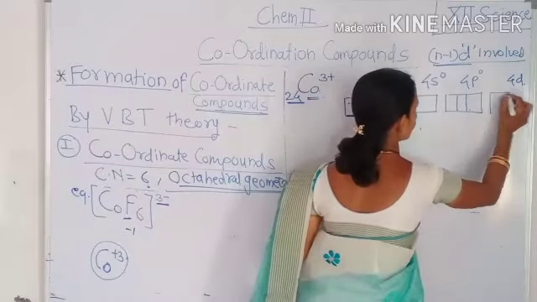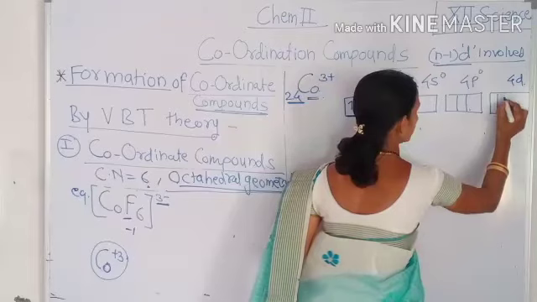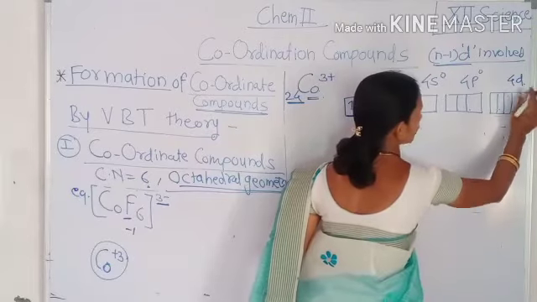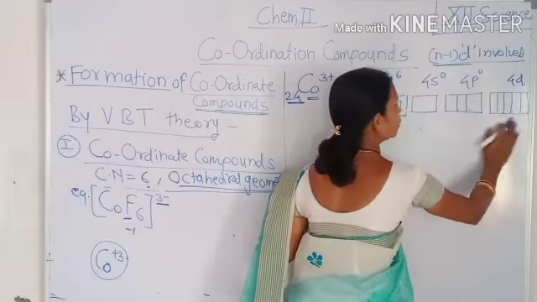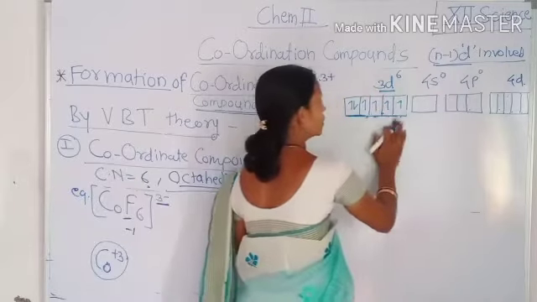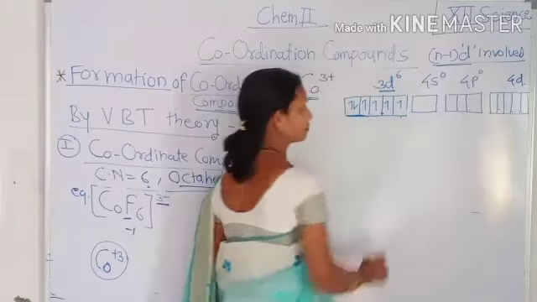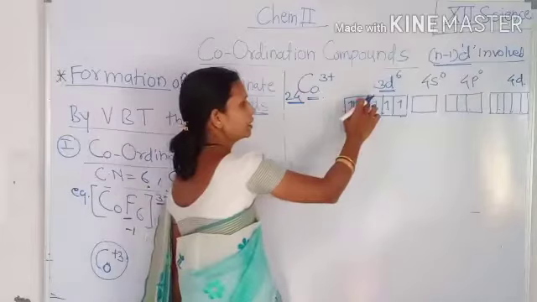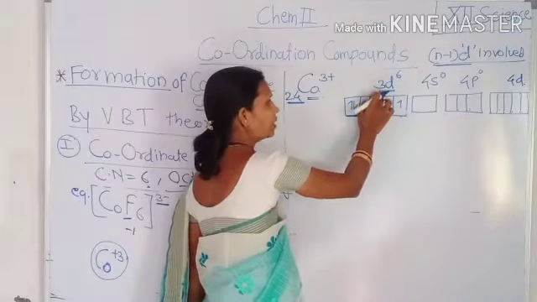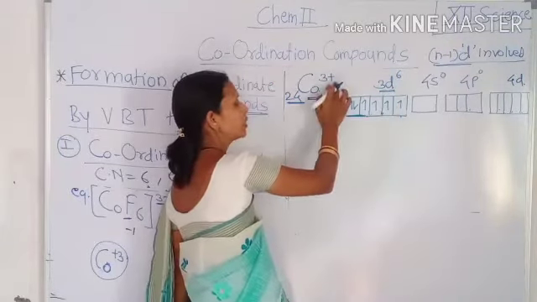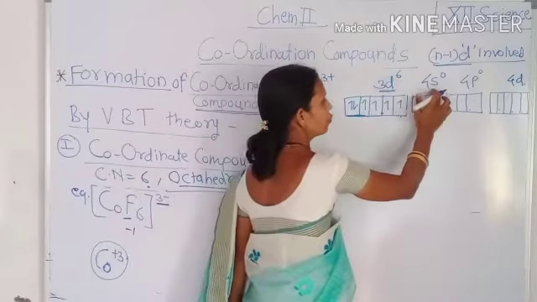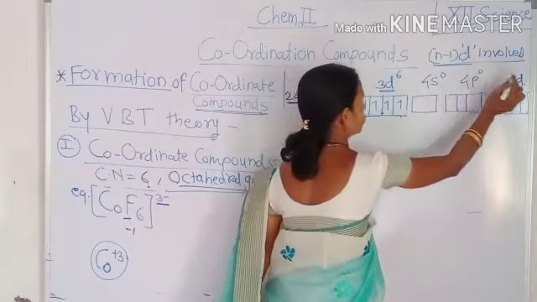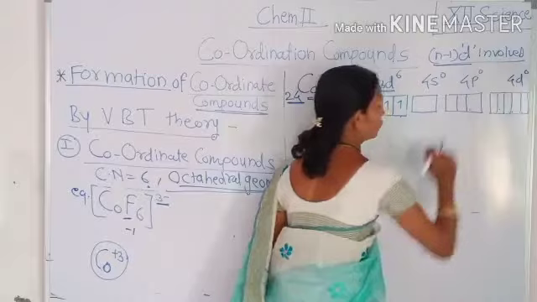That means 4d orbitals, which have 5 sub-orbitals, are there. So the valence electronic configuration for Co3+ is 3d6, 4s0, 4p0, 4d0.